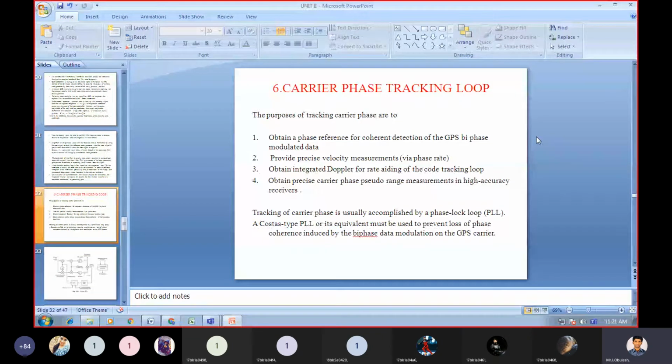A Costas type PLL or its equivalent must be used to prevent loss of phase coherence induced by the biphase data modulation on the GPS carrier.